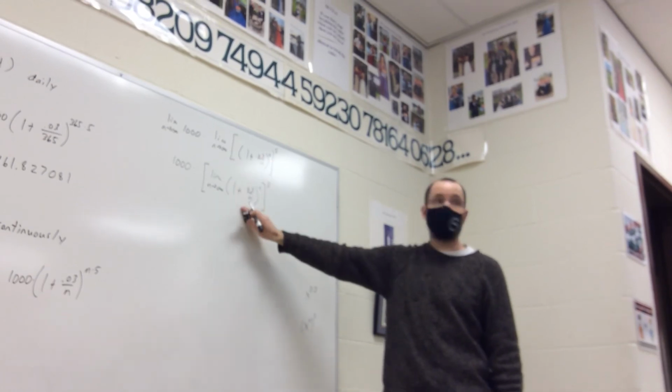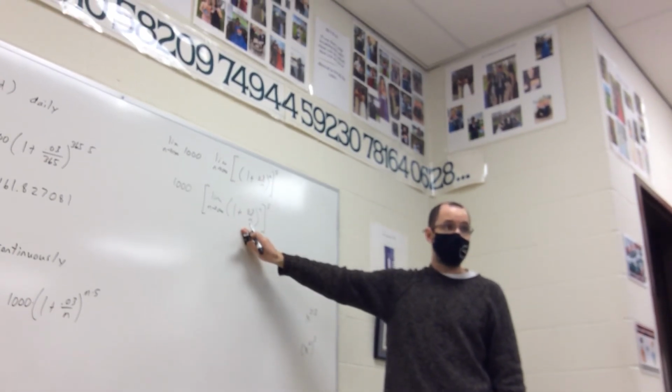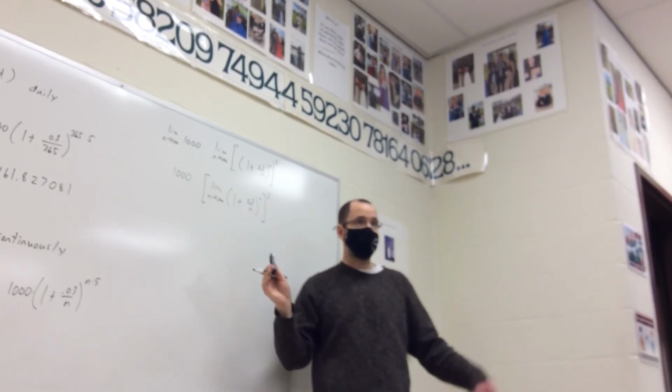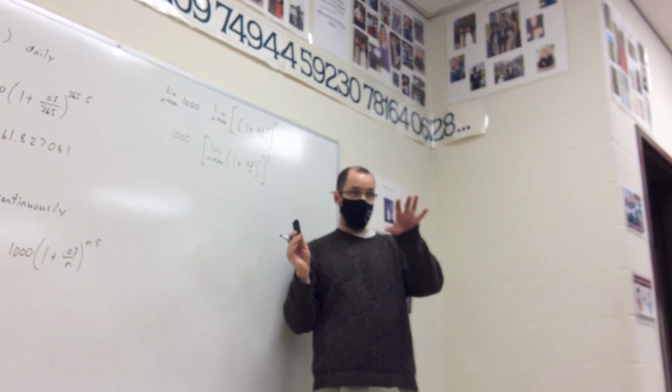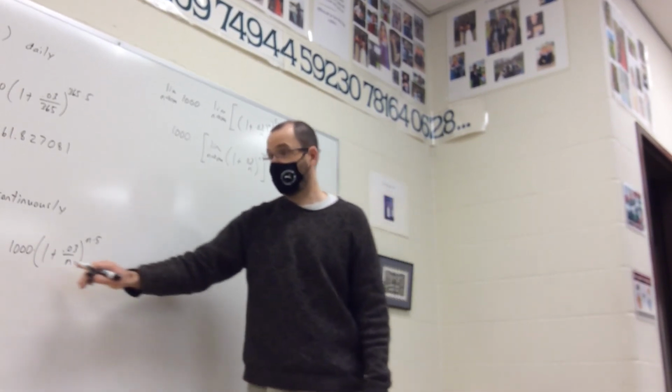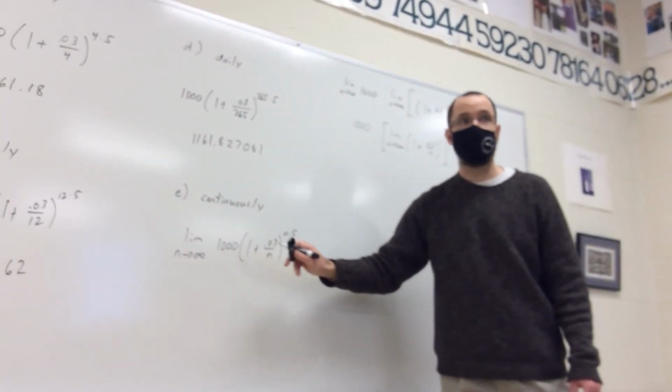So from this step to this step, I put the limit inside the 5th power. But we had a limit law back in chapter 2 that said you can put a limit inside a power, just like we had a limit law that said you can put a limit past multiplication.